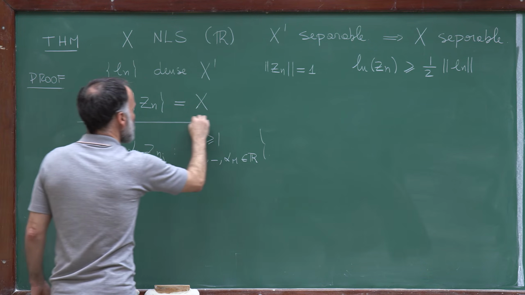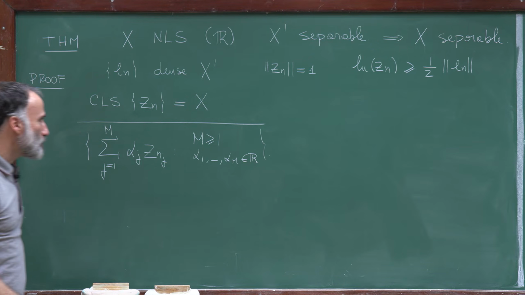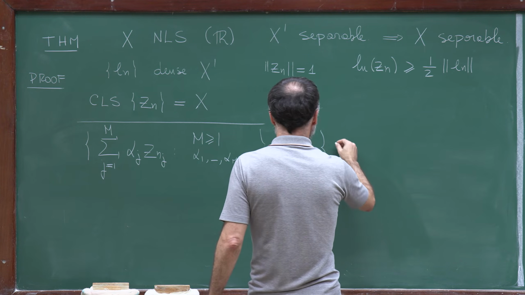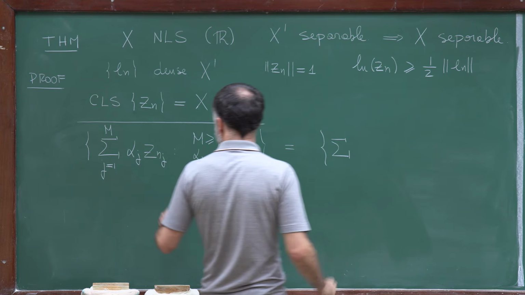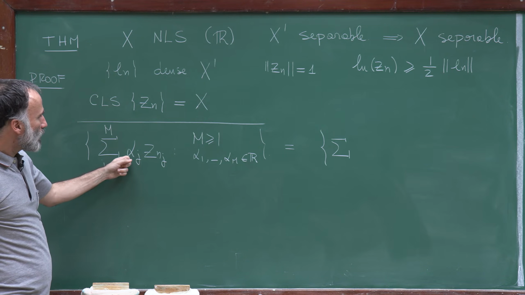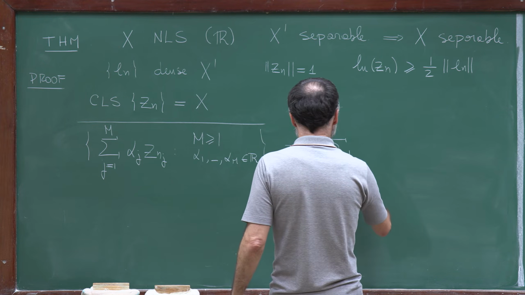And we take the closure of that space. Well, what I claim is that it's clear that this space coincides with the closure of the same space where instead of taking these scalars in R, we take them in Q as rational numbers.